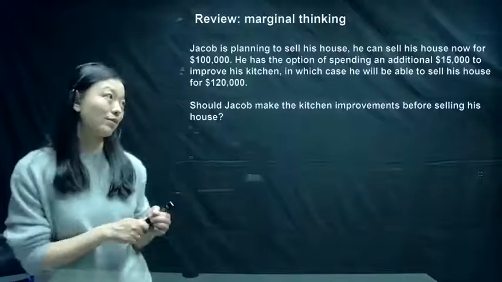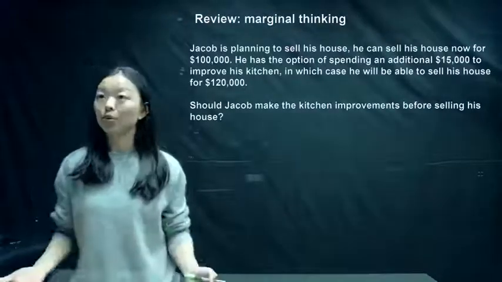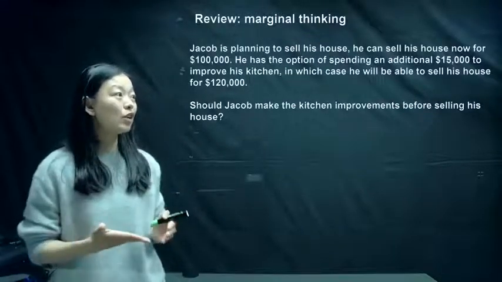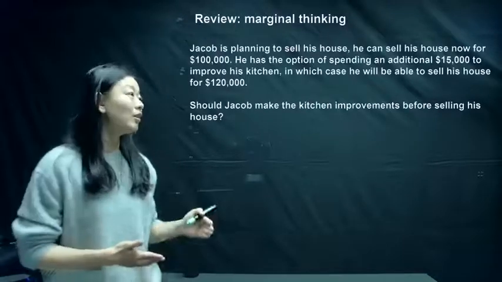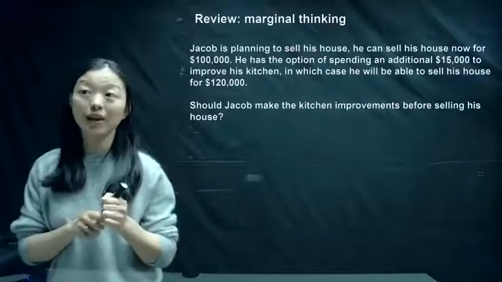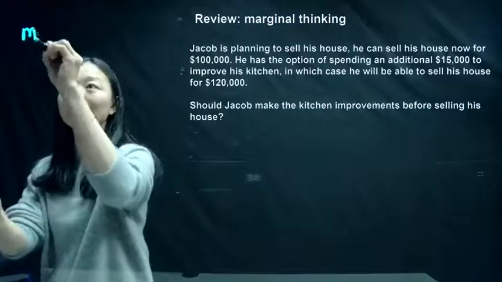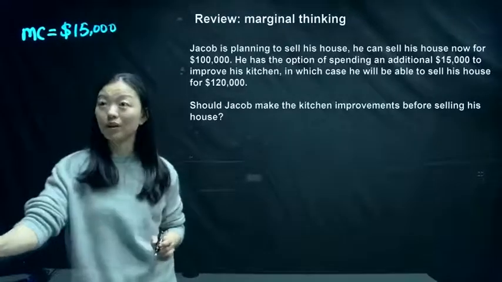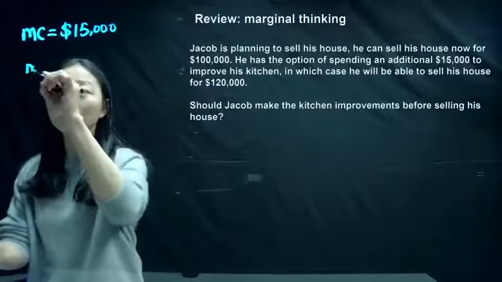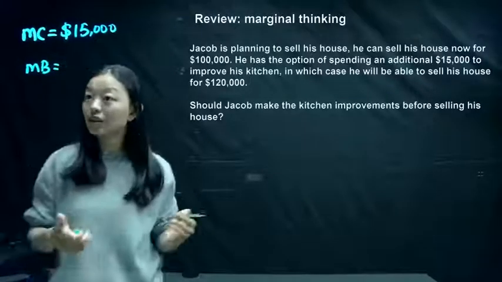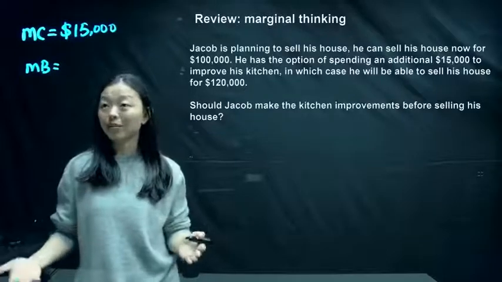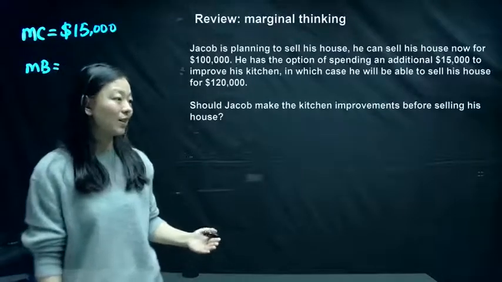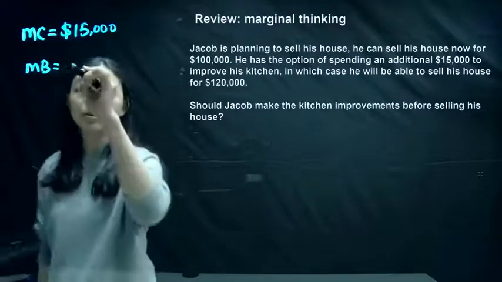So let's look at this question. As I just told you, there are several keywords to identify margin, right? In this question, he needs to spend an additional $15,000 to make the kitchen improvement, right? So from here, the marginal cost will be $15,000 for kitchen improvement. Then we need to figure out, if he improved the kitchen, what are the marginal benefits? If he has the kitchen improvement, he can sell the house for $120,000, right?